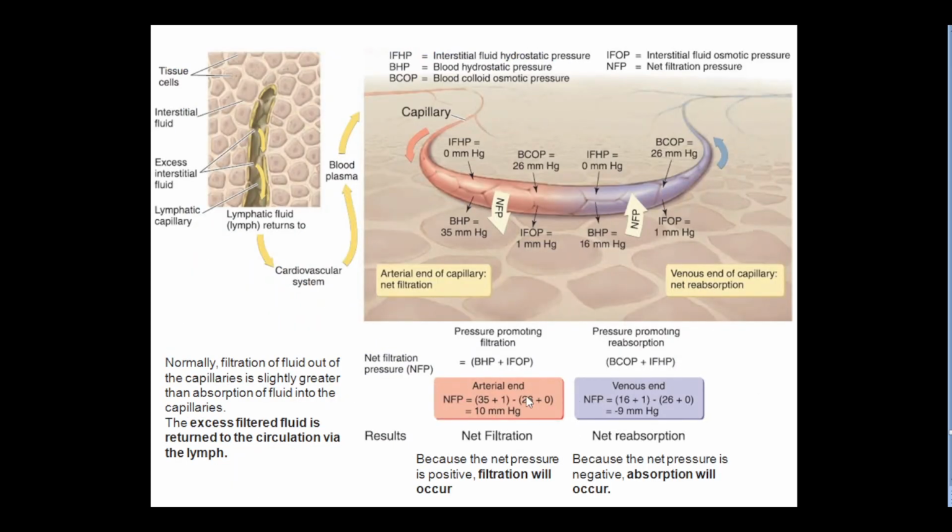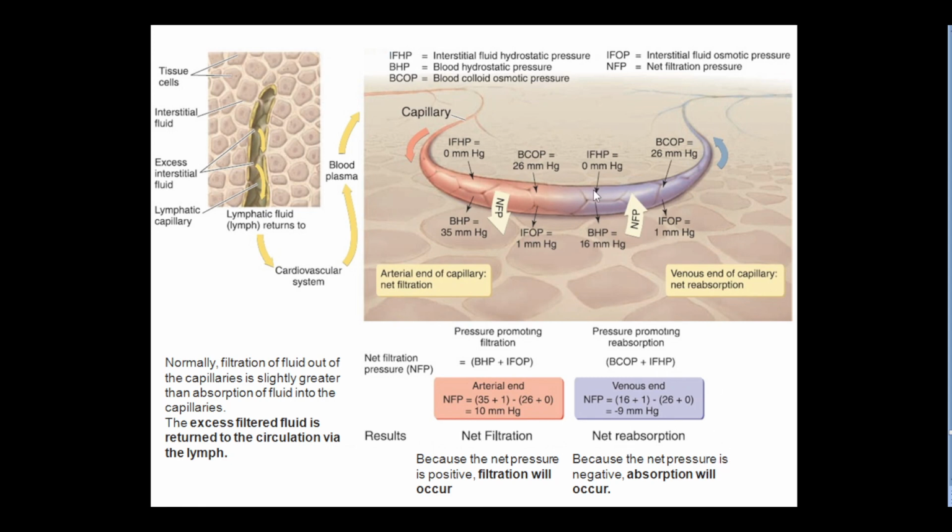So after calculations, you will see that at the arterial end, if you use 35, the final value will be plus 10, which means the force which promotes filtration is greater than the one opposing, which will determine the filtration at the arterial end. But at the venous end, if you take 16 instead of 35, you will see that the final value will be minus 9, which means net reabsorption will occur.